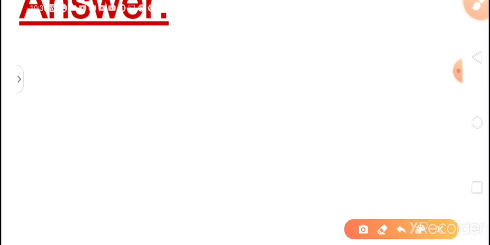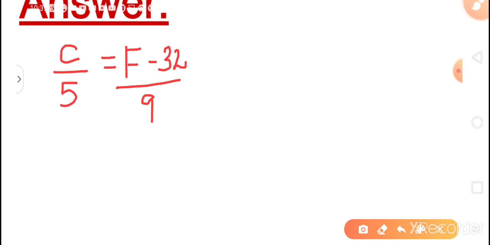So we know that the equation is C by 5 is equal to F minus 32 divided by 9. In this question the temperature in Fahrenheit is already given, that is F is equal to 5 degrees Fahrenheit.